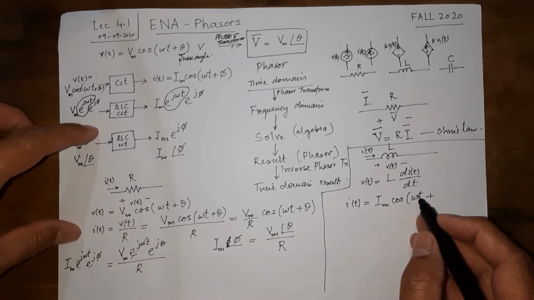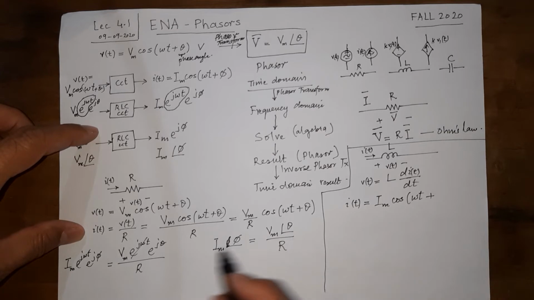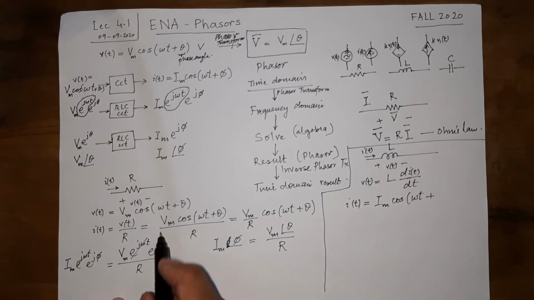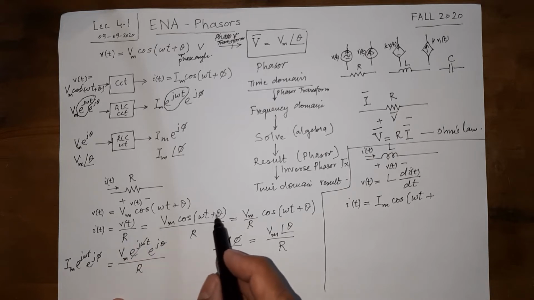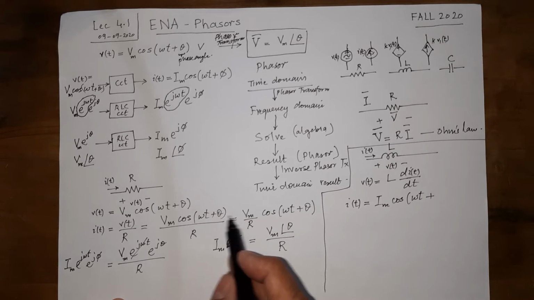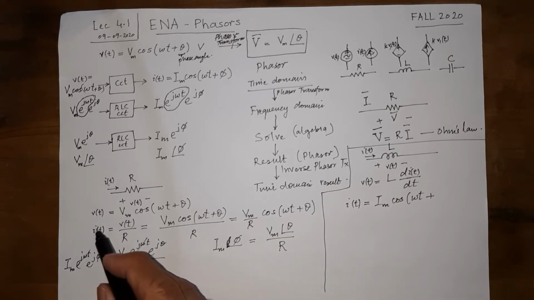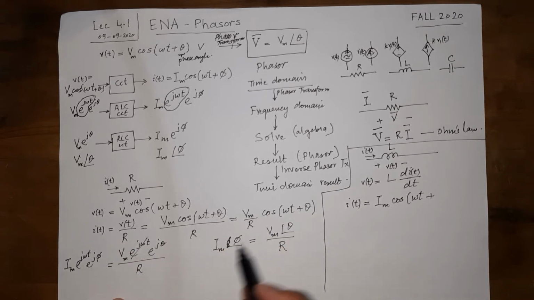that just reminds me, before I continue with this, we need to come back and see an important point here that I did not emphasize. Because R is a real quantity, whatever the phase angle of the voltage, R does not change it. So the phase angle of the current remains the same.